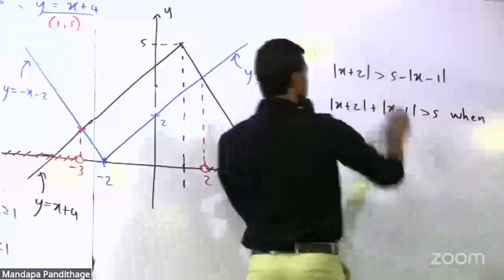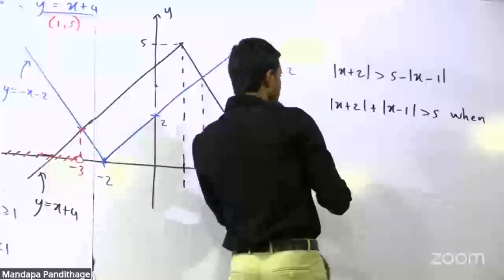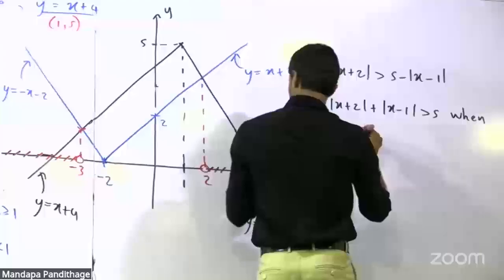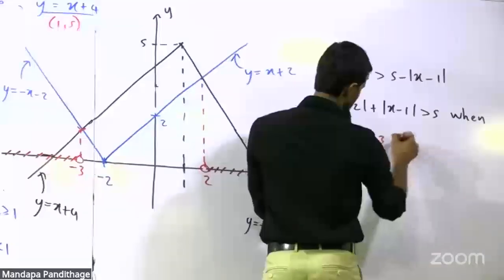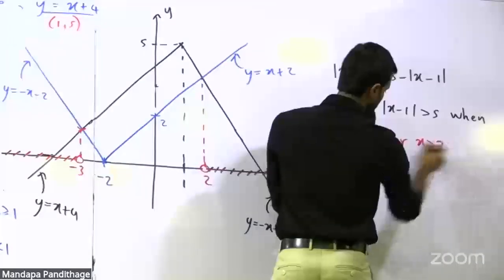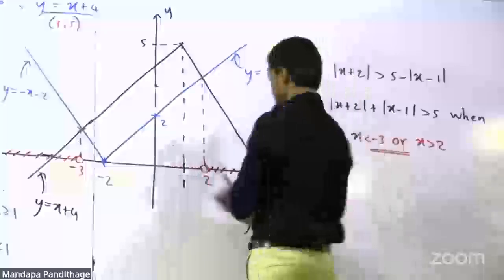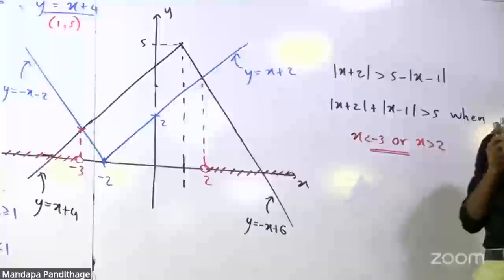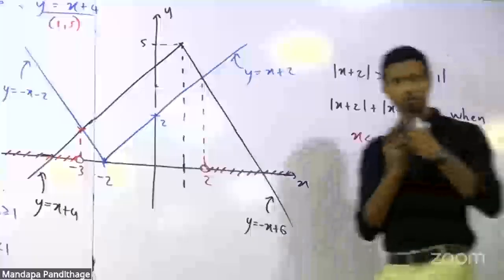So first write the inequality you have solved and then rearrange it to the way that they have asked, and then write the answer: x is less than minus 3 or x is greater than 2. Got the idea? Good.